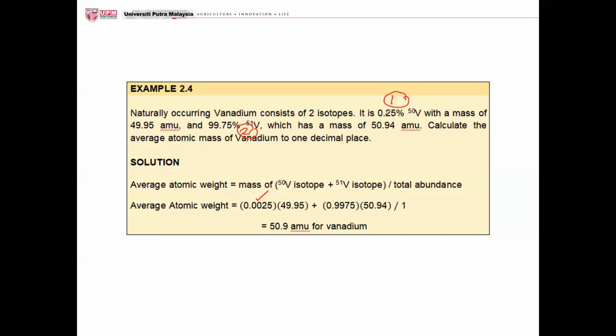So you will get 0.0025 times the mass, which is 49.95, plus the isotope of vanadium 51, and divided by the total abundance, you will get 50.9 AMU for vanadium. You can refer back to the periodic table for vanadium.